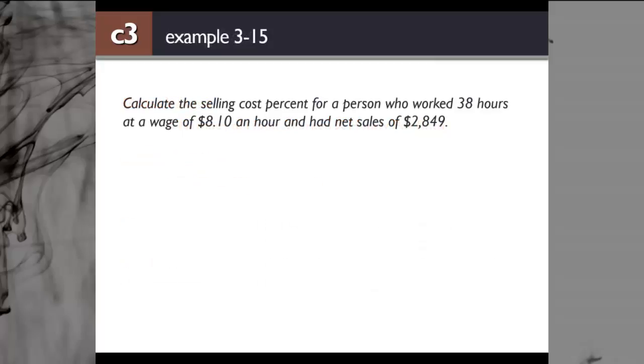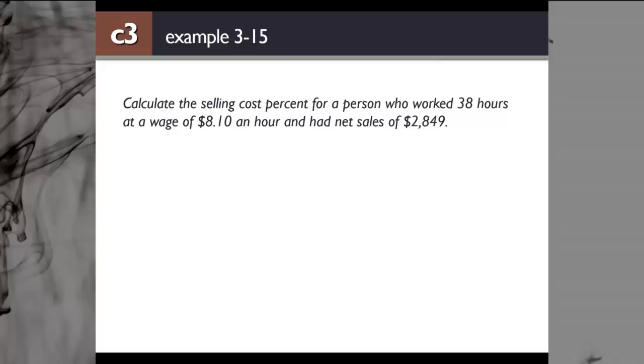So here is an example. Example 3.15 asks you to calculate the selling cost percent for a person who worked 38 hours at a wage of $8.10 an hour and had net sales of $2,849.